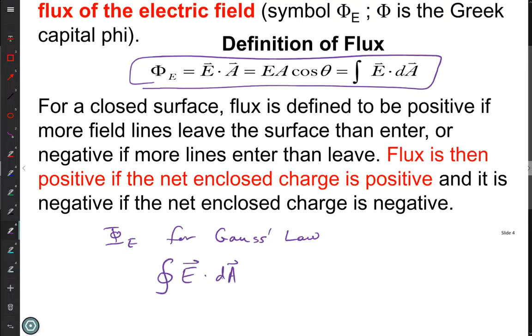What does the circle on the integral sign mean? It means it's a closed surface. And sometimes you'll see people write this with a double integral because since it's dA, it has to be two integrals. It means the same thing, really. It's just more explicit when you put the double integral sign.